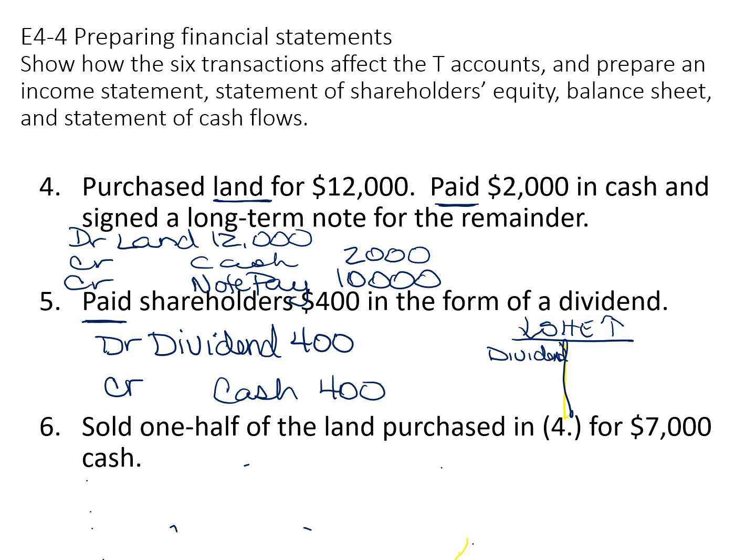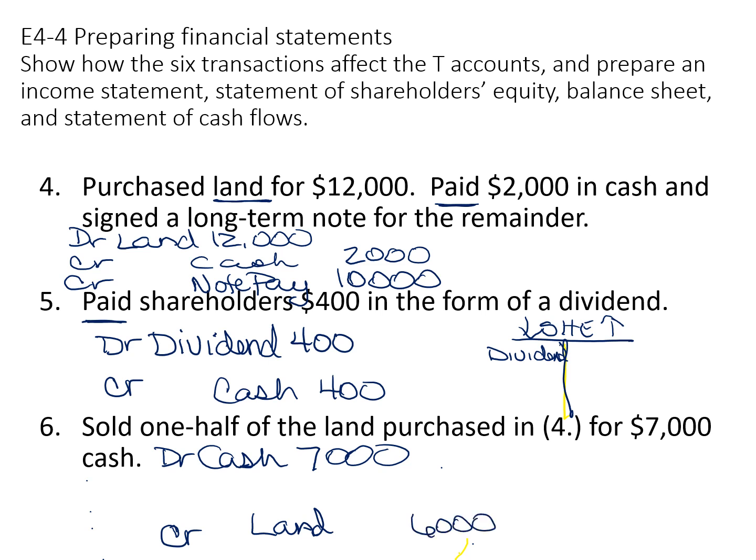Number 6, sold 1/2 the land purchased in number 4. So we sold $6,000 of the land for $7,000 cash. So I got cash, so I'm going to debit cash, $7,000. I'm going to credit land, 1/2 of it is $6,000.